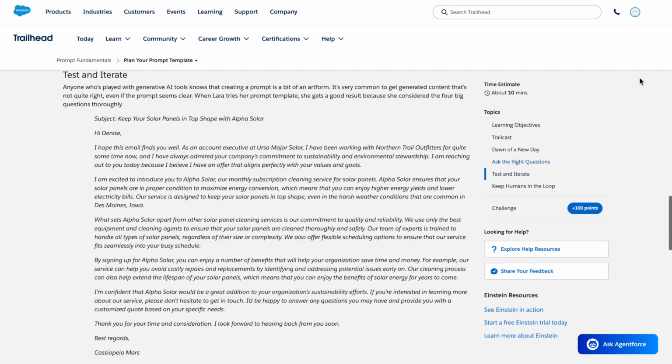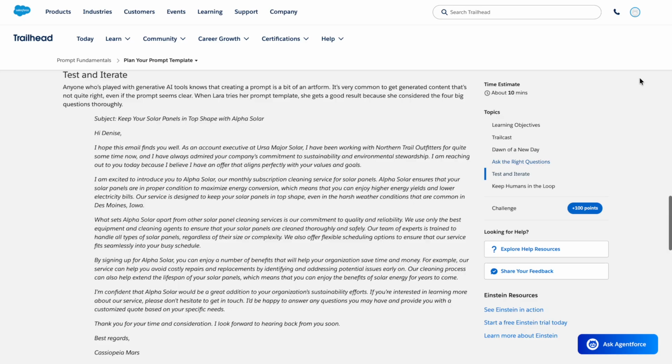Alpha Solar ensures that your solar panels are in proper condition to maximize energy conversion, which means that you can enjoy higher energy yields and lower electricity bills. Our service is designed to keep your solar panels in top shape, even in the harsh weather conditions that are common in Des Moines, Iowa. What sets Alpha Solar apart from other solar panel cleaning services is our commitment to quality and reliability.